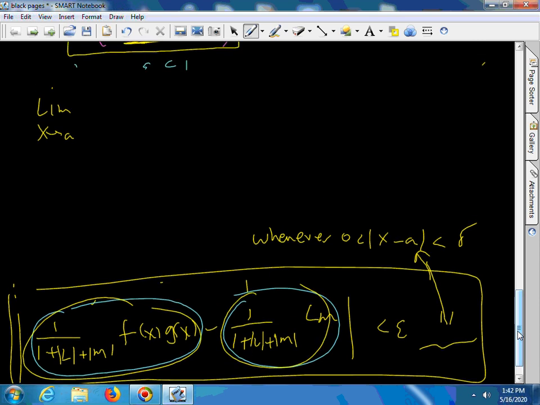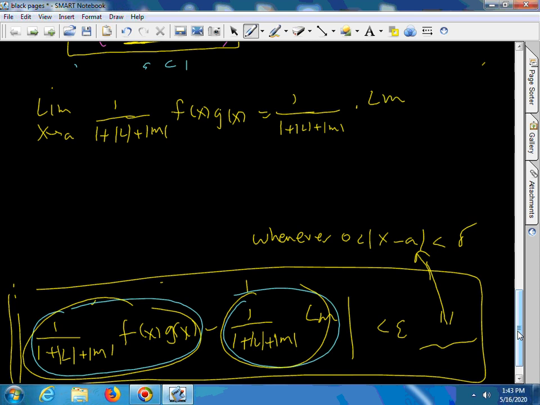That shows me that the limit as x goes to a of 1 over 1 plus the absolute value of L plus the absolute value of M times f of x g of x is equal to 1 over 1 plus the absolute value of L plus the absolute value of M times LM. The limit of this equals that.